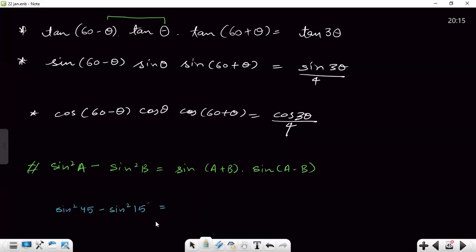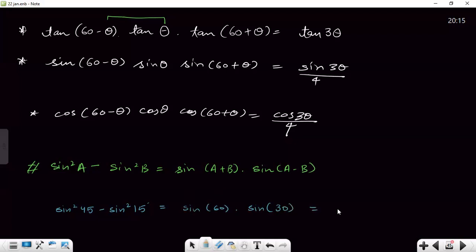Fortunately, we know it, but what if there is some angle for which we do not know the trigonometric ratio, but we know the values for A plus B and A minus B? I can simply write it as sine of 45 plus 15, that is 60 degrees, into sine of 45 minus 15, that is 30 degrees.